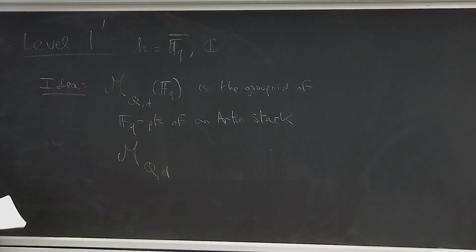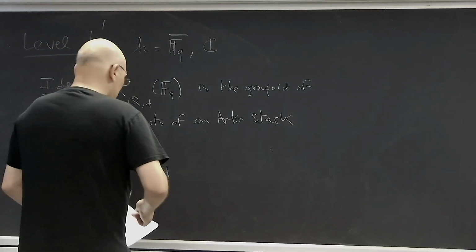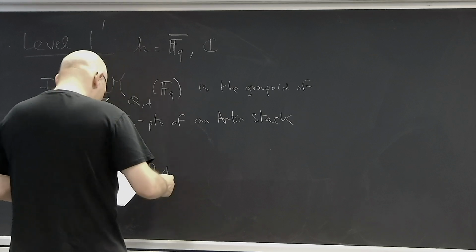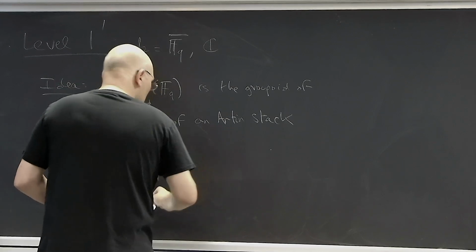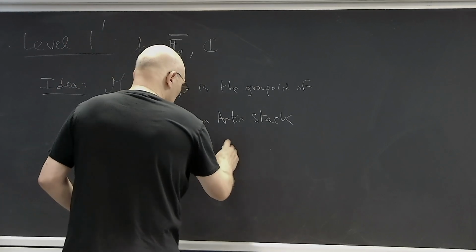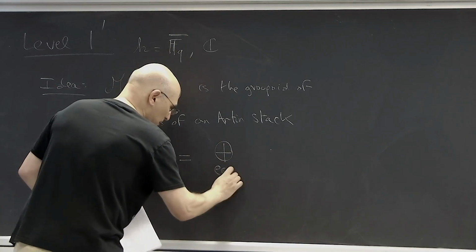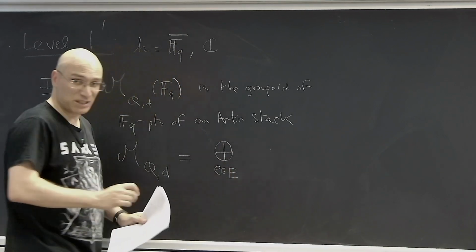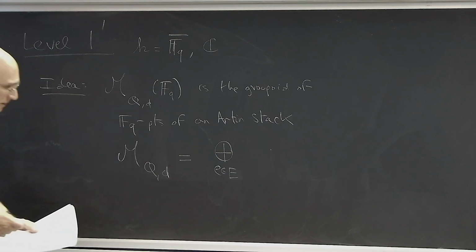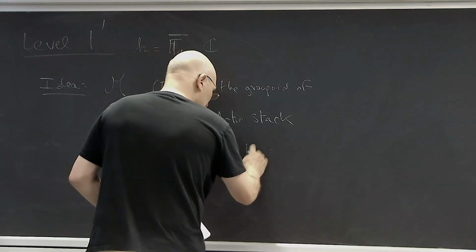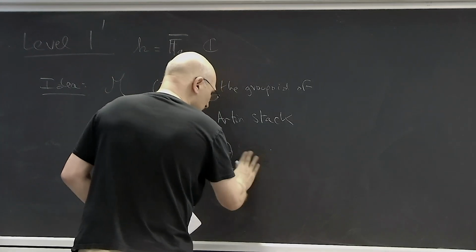Okay, so now it's really a geometric object. And which is what? Let's look at this. The direct sum for all edges in my quiver. So E was the set of edges, if you remember.